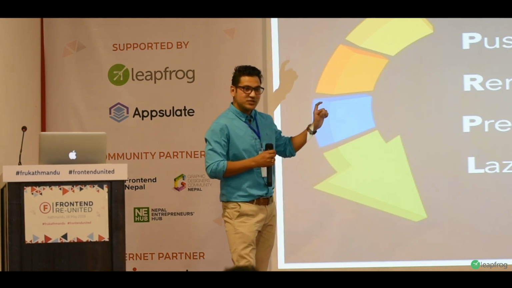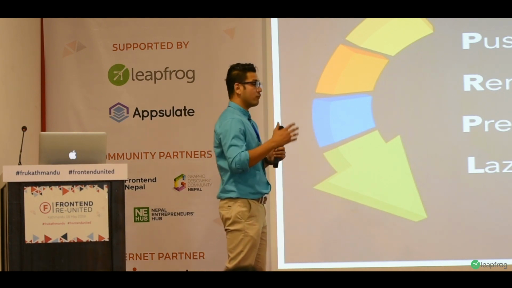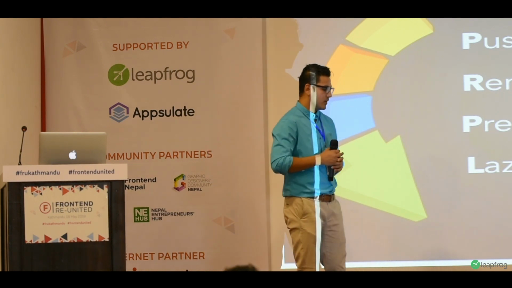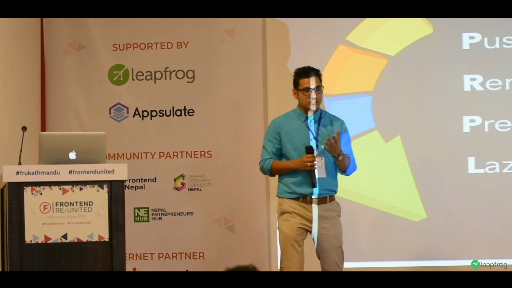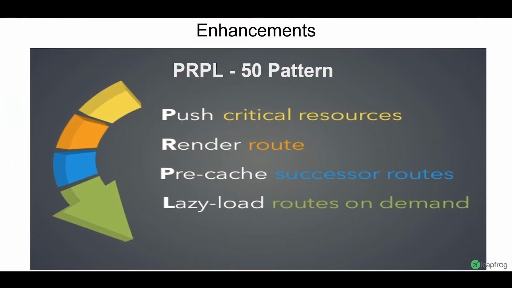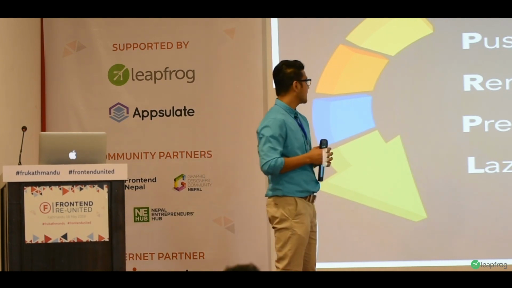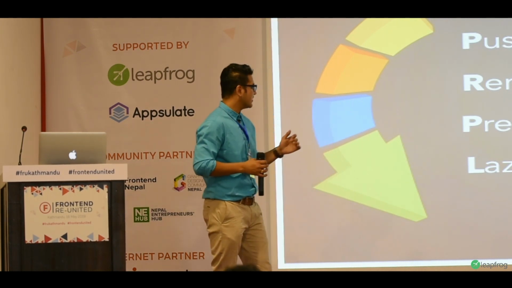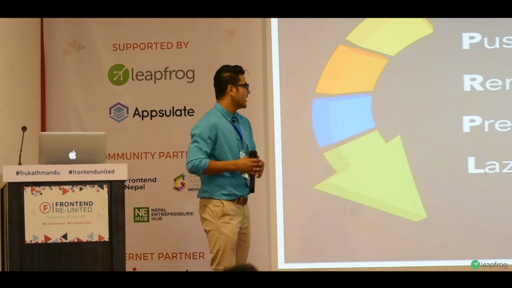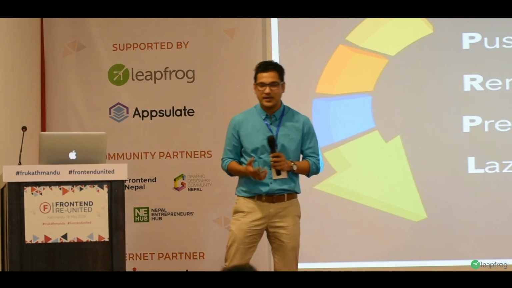So prioritize your critical resources, push them as fast as possible using HTTP2, and render the initial route. What this means is that as soon as your first page loads, it should be rendered, right? So that now it is usable for the users. They are ready to interact with your page, right? And then after that, for the secondary things, you can precache the remaining routes and then lazy load the heavy resources, maybe secondary resource files, on demand.